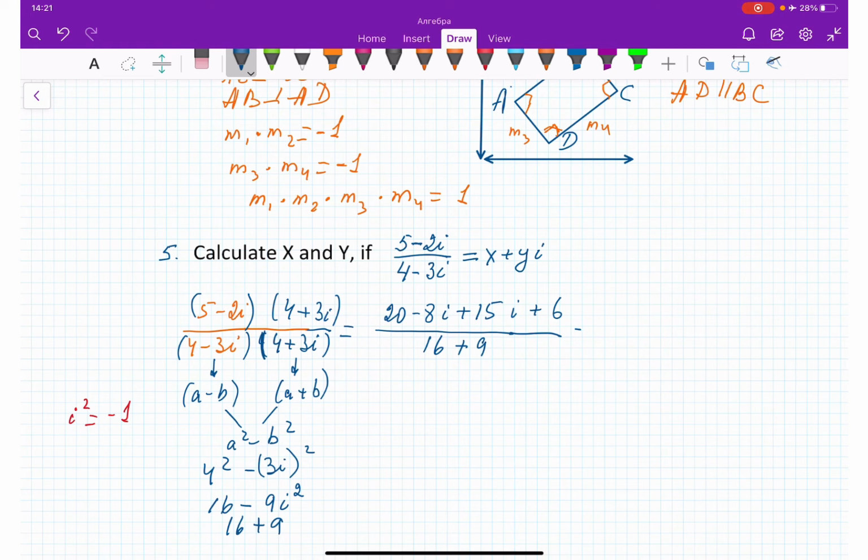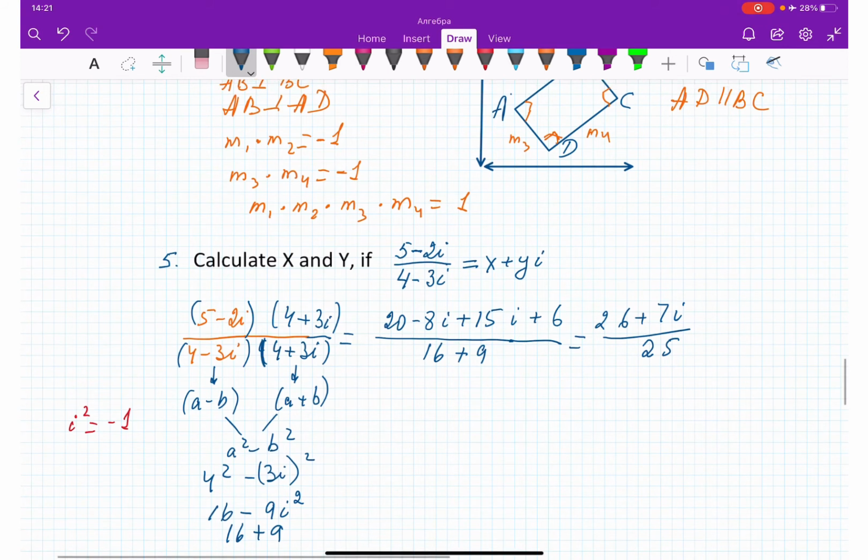So it's equal to (26 + 7i) divided by 25. The format of the complex number is x plus yi. So if I rewrite it, I'm going to get 26 over 25 plus 7 over 25 i.